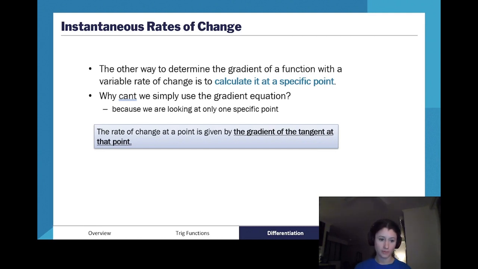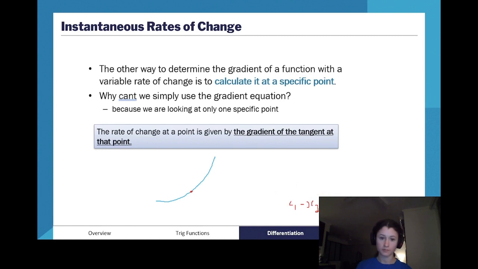So, if we have a curve like this, and we want to find the gradient, say at this point here, we're only looking at that point. So we can't pick our 2 points to find the gradient, right? Because we're only looking at 1 point.